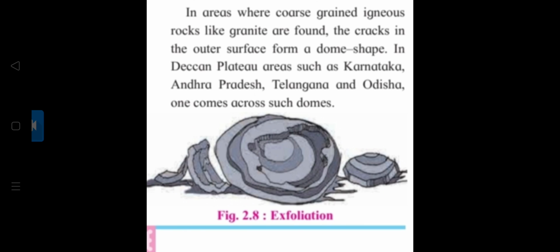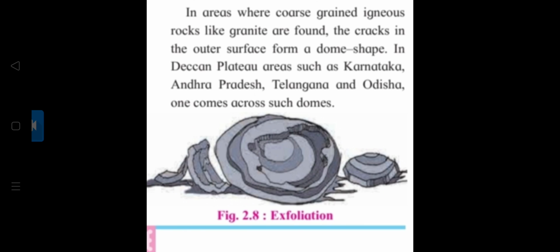Now, heat. Over here they've given us a lot of information about heat and how disintegration takes place. When water is rarely available, weathering is mainly induced by temperature. So when water is rare, the second thing that plays an important role is temperature.